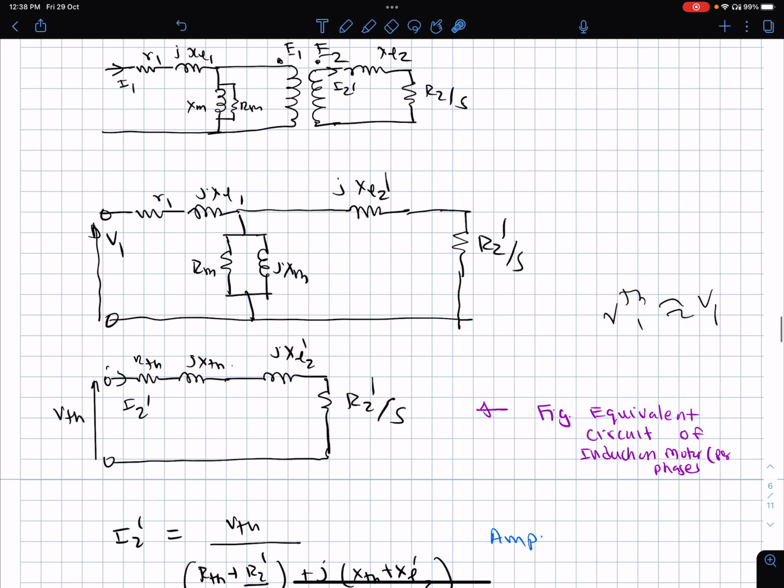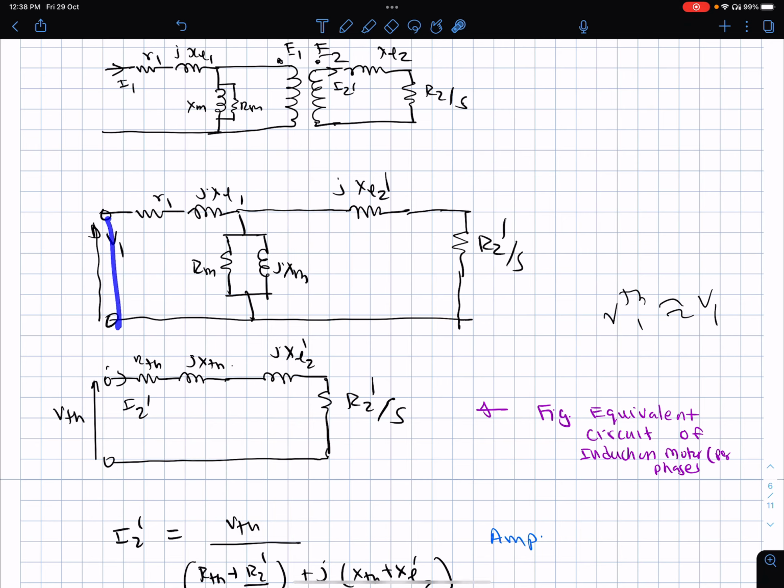And now what we are going to do is to develop the torque speed characteristic. We are going to treat this part of it as the load part, this part of it as the source part, and replace this with a Thevenin equivalent. First open circuit it here and measure the open circuit voltage, call this V Thevenin.